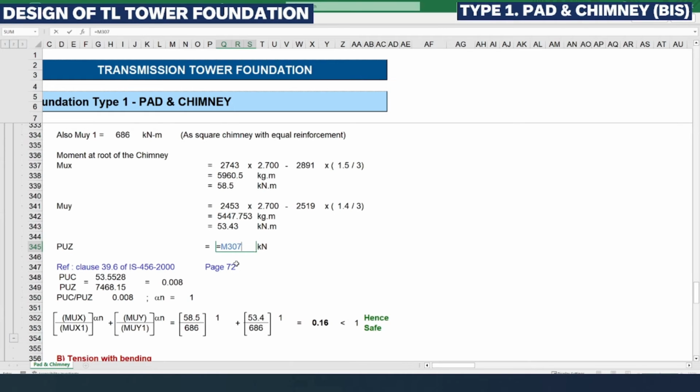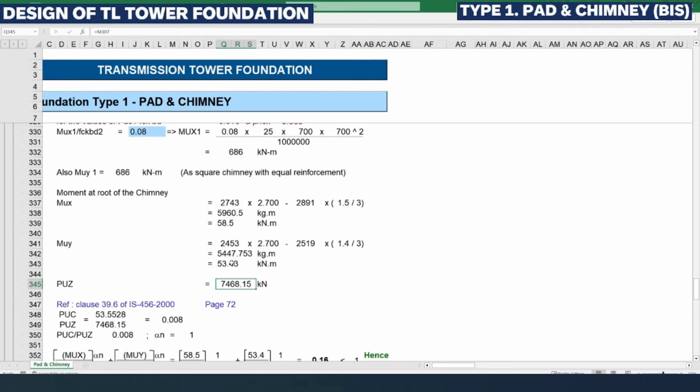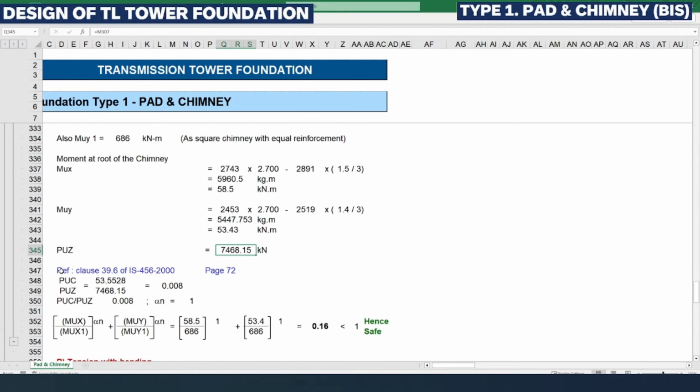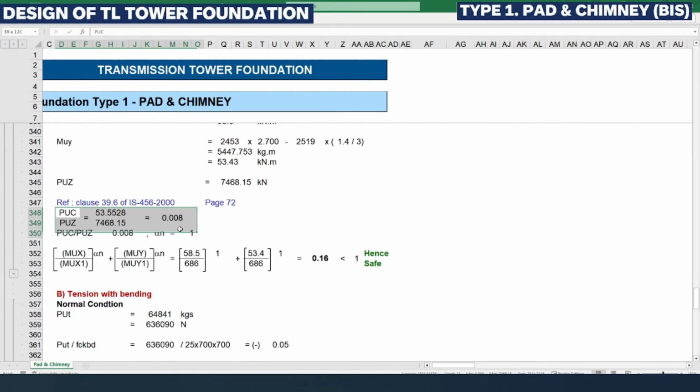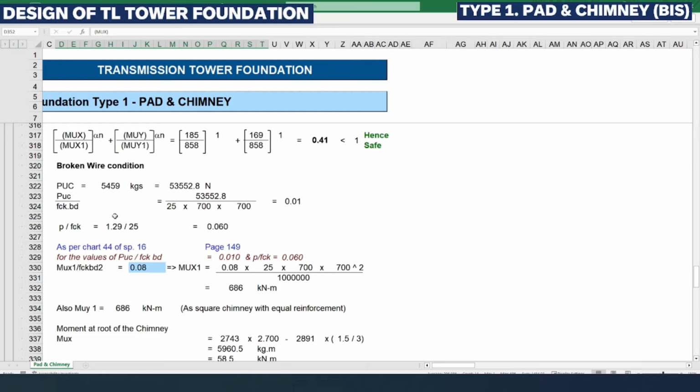So that PU we can consider the same as per this, because the cross section, the reinforcement and concrete grade remain the same. So again we need to check this, applying the calculated moment using this PUC, PUZ, alpha n value, and this moment which we had calculated MUX, MUY, MUX1, MUY1.